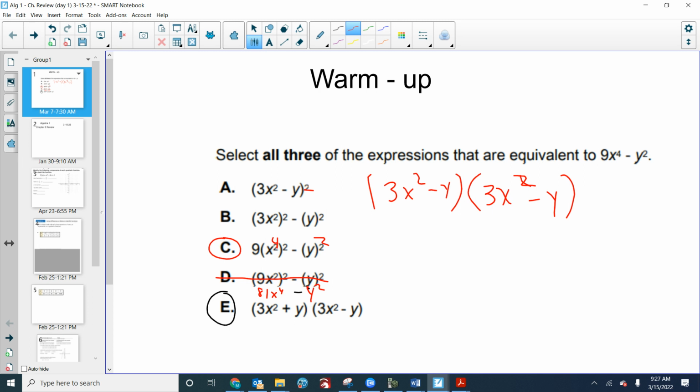We're going to have a middle term there. 3x squared times 3x squared, we'd get this. That's okay. But then we'd get negative 3x squared y, negative 3x squared y. We'd have negative 6x squared y in the middle. That'd be positive y squared if I multiply it. So this is out. That would work, because you'd square 3, 9, square x squared, x to the fourth: 9x to the fourth minus y squared.